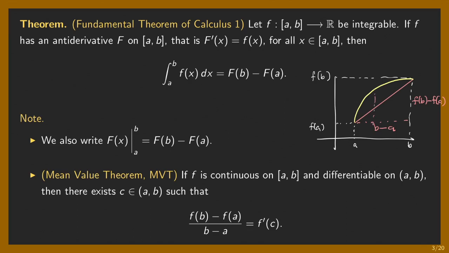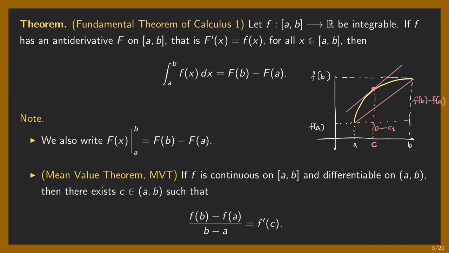I think the C that we are looking for is this, because the tangent line at that point, sorry, let me make my tangent line, yeah, so the tangent line at this point has the same slope as this fixed line segment.